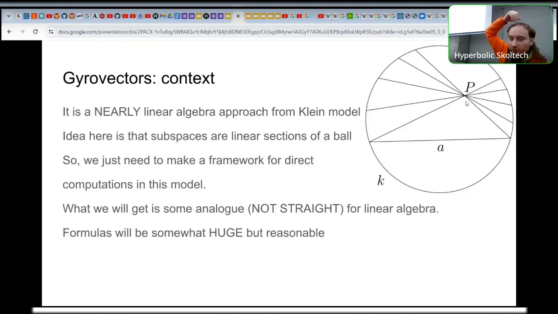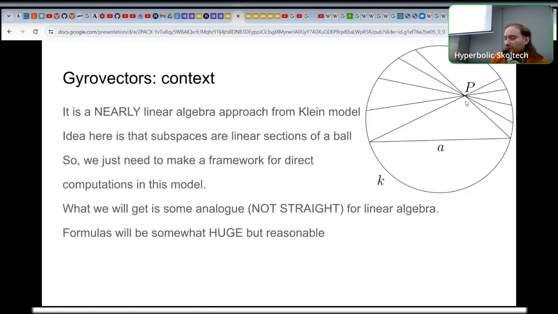So some linear algebra might be useful, but just not a direct approach from linear algebra. And there was some function. Actually, I didn't put it in the slides.